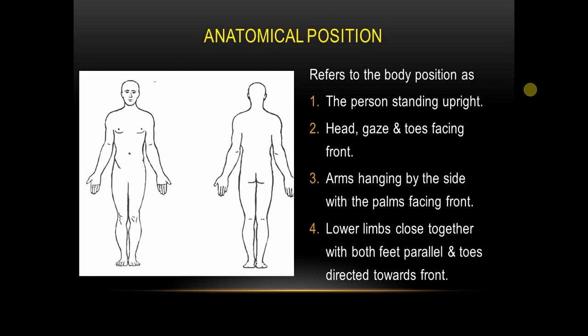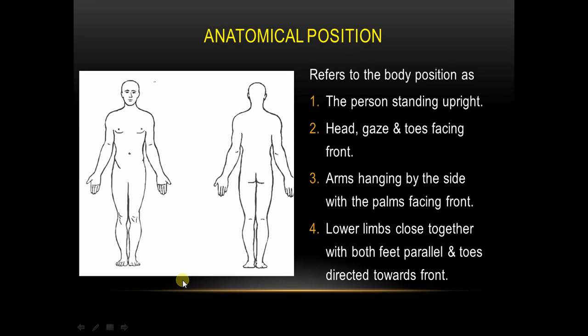First and foremost, if any structure has to be described in any textbook or research material, what is referred to is the normal anatomical position. All the structures described anywhere in the world are described assuming this anatomical position, whether it is a nerve, artery, muscle or bone.